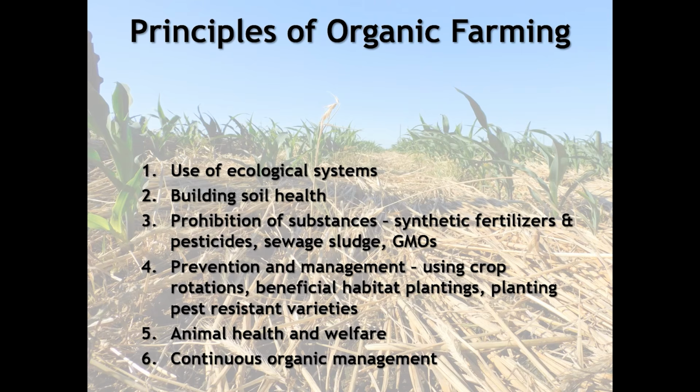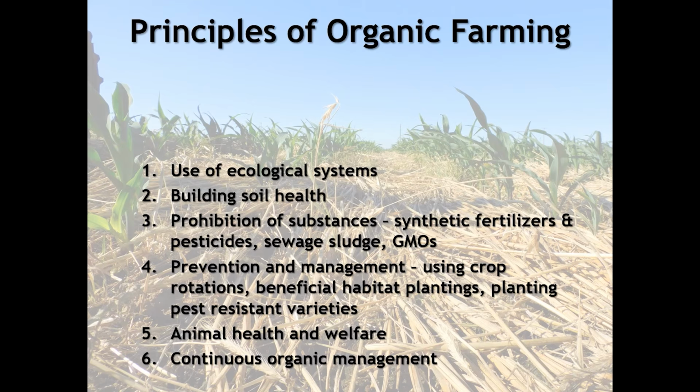And then for pest protection, they suggest using prevention and management techniques such as crop rotations, habitat management, and planting pest resistant varieties. Organic farming goes beyond just crops and also has organic systems for animal agriculture as well.